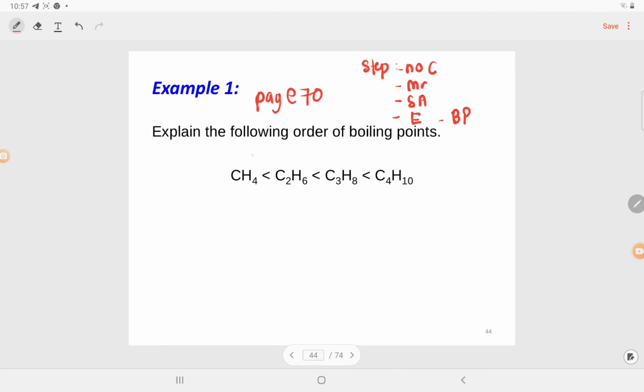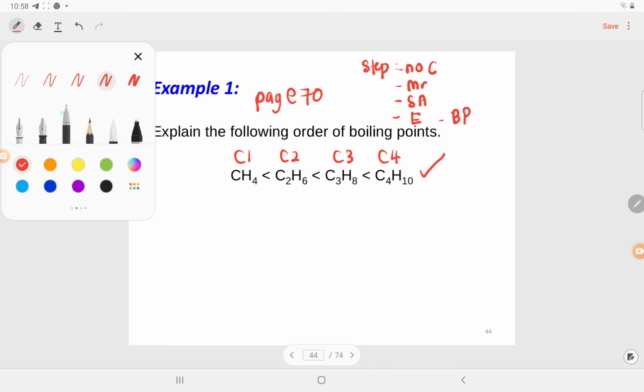We have one carbon atom in the first molecule, two in the second, three carbon atoms in the third molecule, and four carbon atoms in the fourth molecule. So the factor affecting them is the number of carbon atoms. How do we explain? First, arrange them according to increasing order of boiling point, and label your writing.